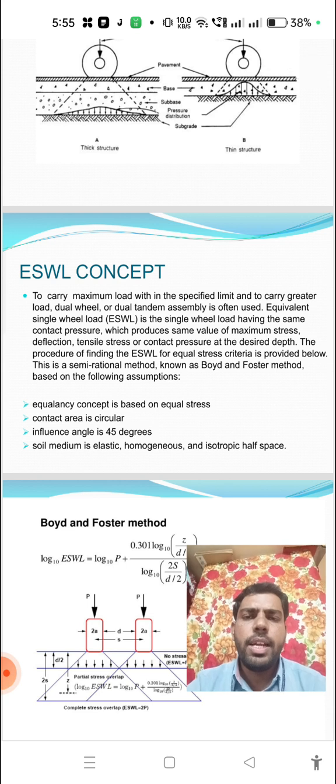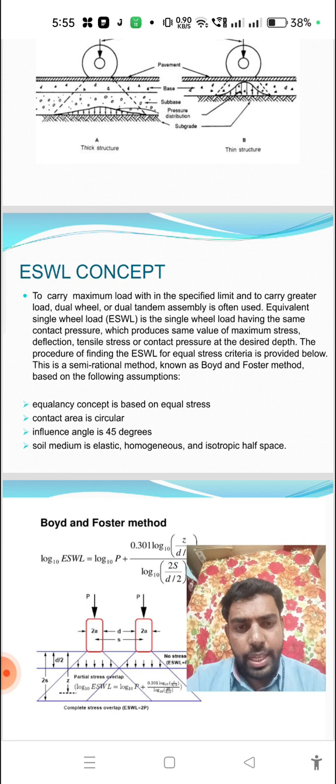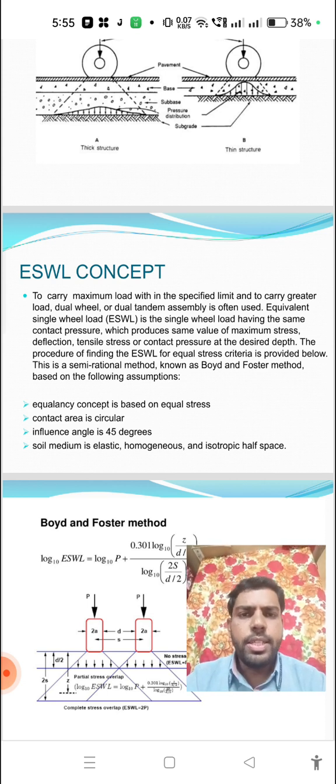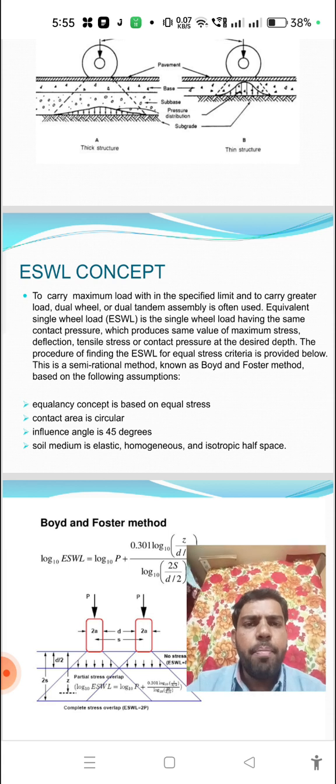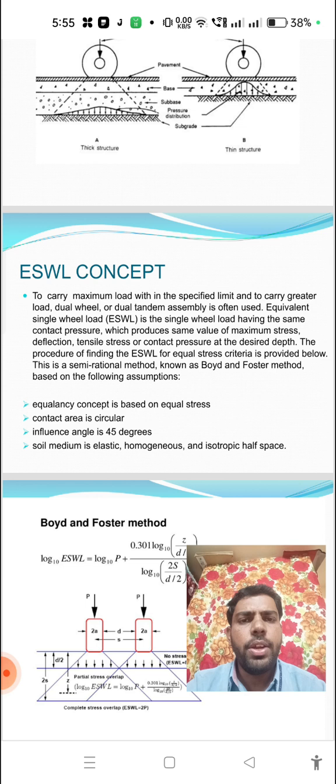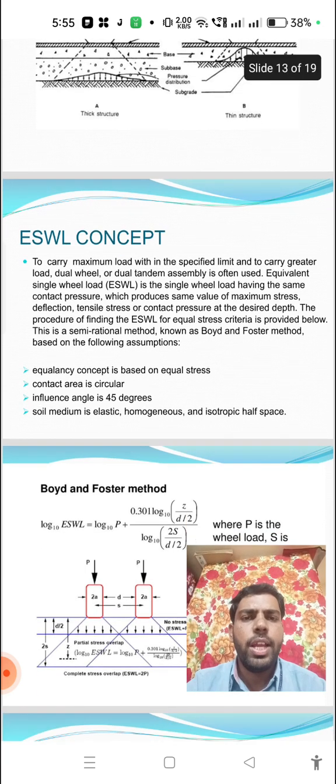Next, the ESWL concept. ESWL, as already said, means equivalent single wheel load. The wheel loads should be converted into one single load. To carry a maximum load within a specified limit, and to carry greater loads, dual wheel or tandem axle loads should be made equivalent to one particular wheel load, called the equivalent single wheel load.